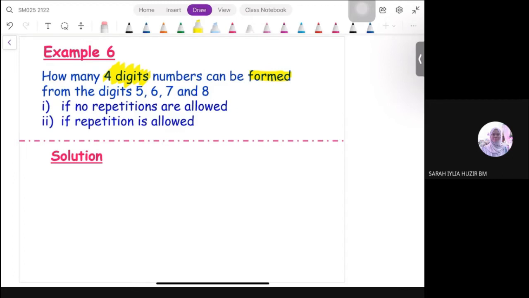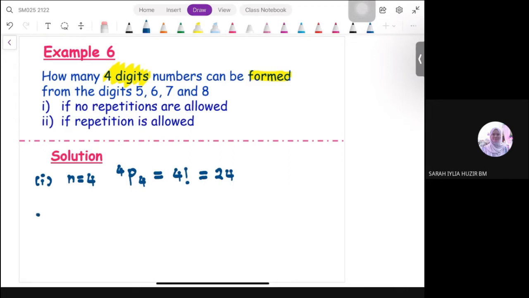Okay, so for this case, if repetition is not allowed, out of four options, we will arrange all of it. So 4P4, or you can rewrite this as 4 factorial. In this case, our answer would be 24. Alright, that's for the first one. Repetition not allowed, straight away go for 4P4.